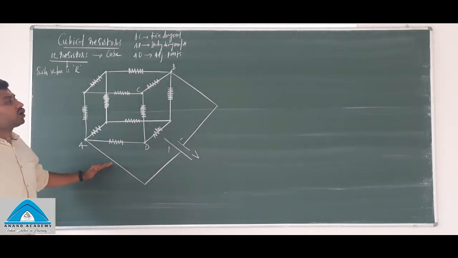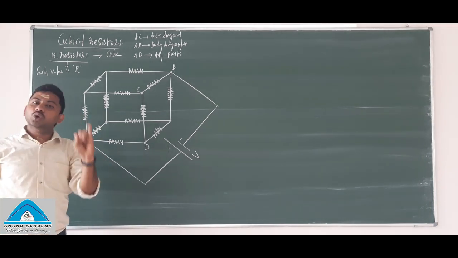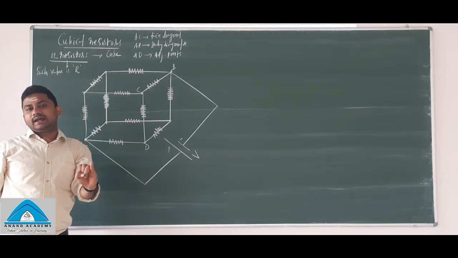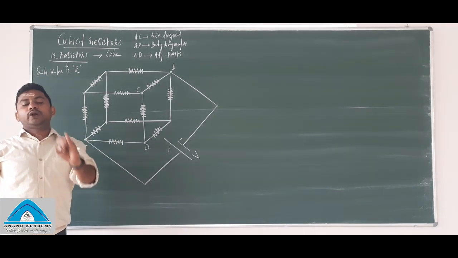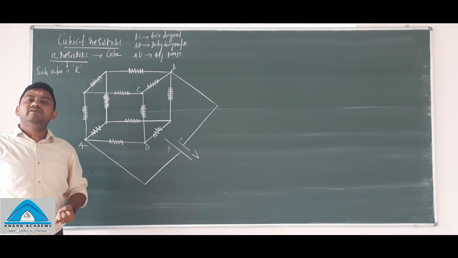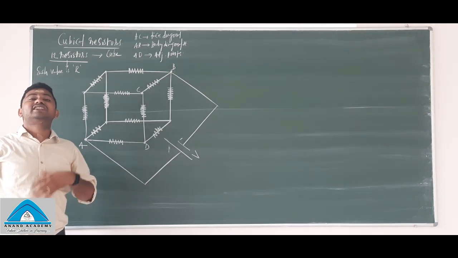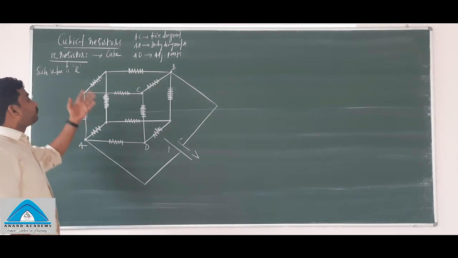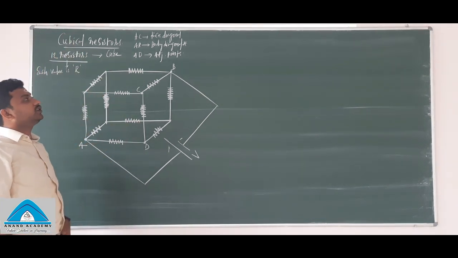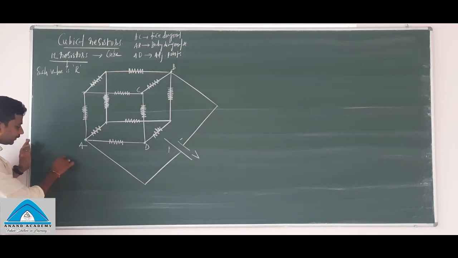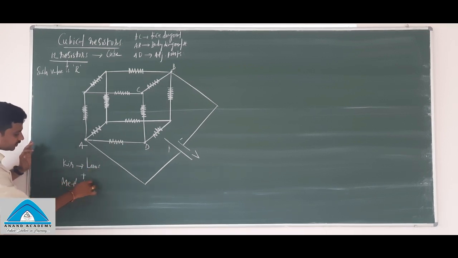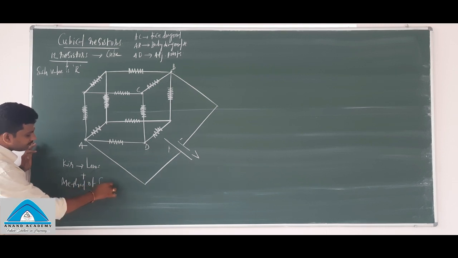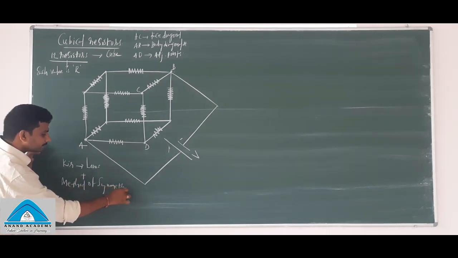We will be using the concept called Kirchhoff's rules and the very important concept we have discussed in solving resistor problems, called the symmetry method. So the things we are using to solve this problem are Kirchhoff's laws plus the method of symmetry.